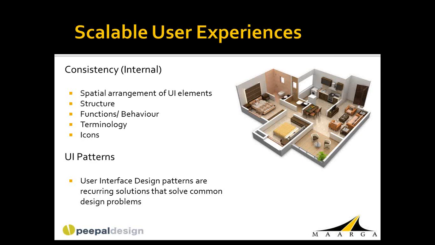Terminology is a critical thing. I mean, you shouldn't call an object, an artifact, or a document the same thing in different places in the application. Graphical artifacts like icons should be used consistently and should not be reused in a way that leads to confusion.